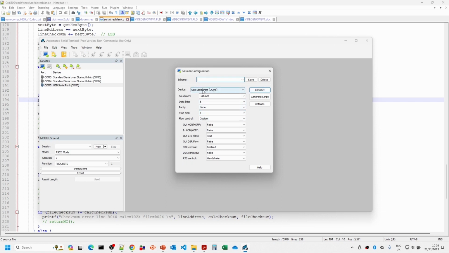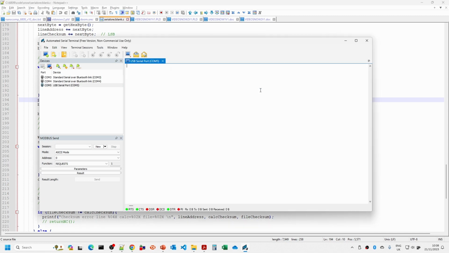So as you can see here, it's running on COM port 5. We just need to make sure it's running at 57.6K. We're going to be using output flow control, and RTS control is handshake, so that is what we want.